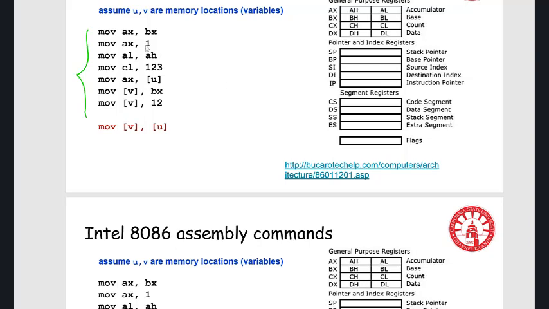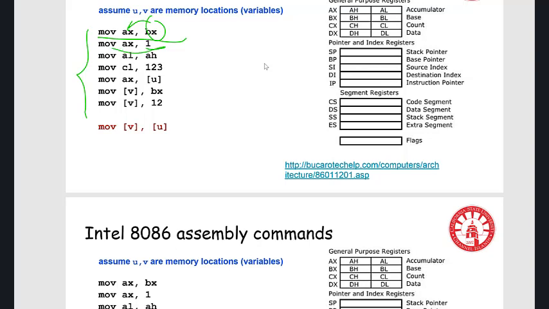Here we work directly with register names. For example, in this command, we have a move command that works on registers AX and BX, meaning that it will move the content of register BX to the AX register, and so on.